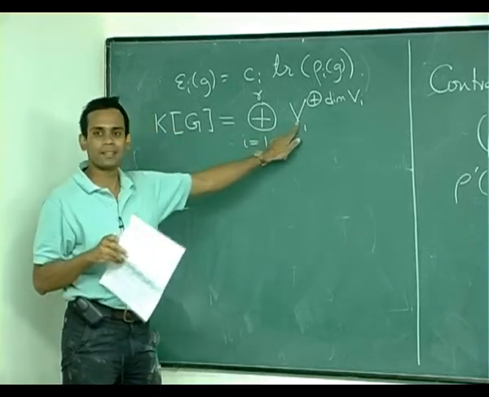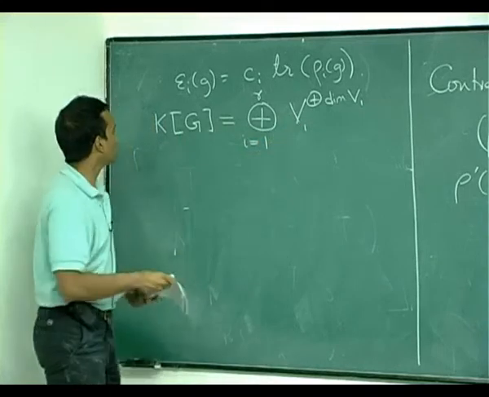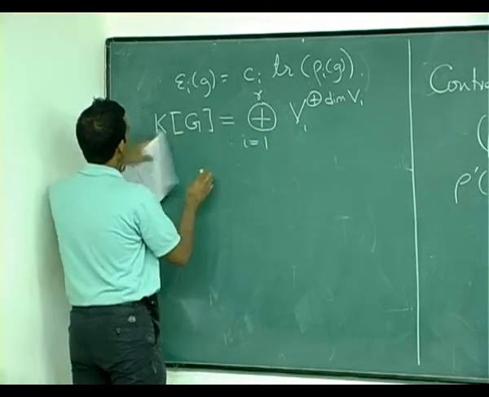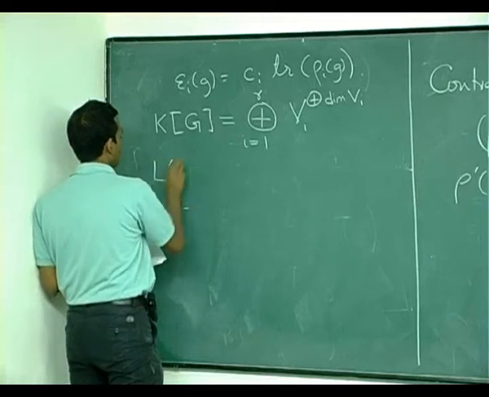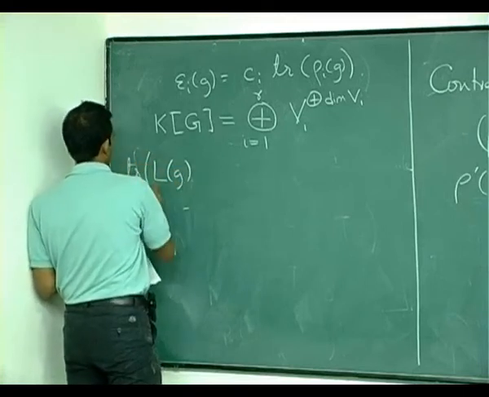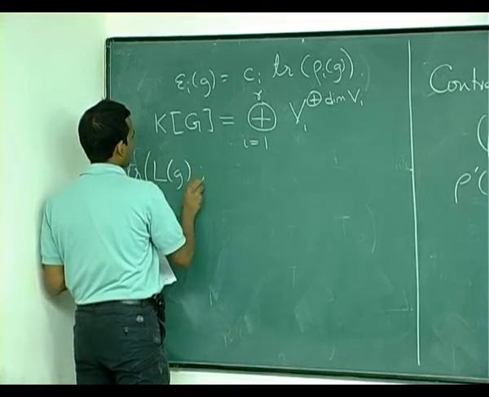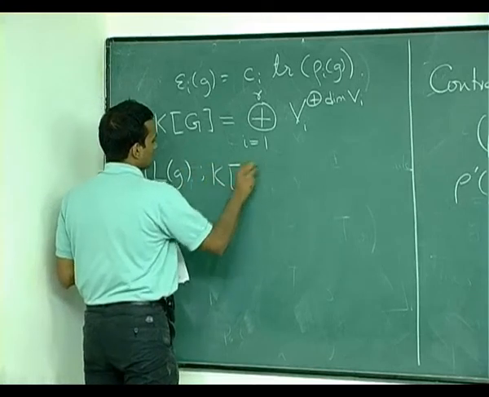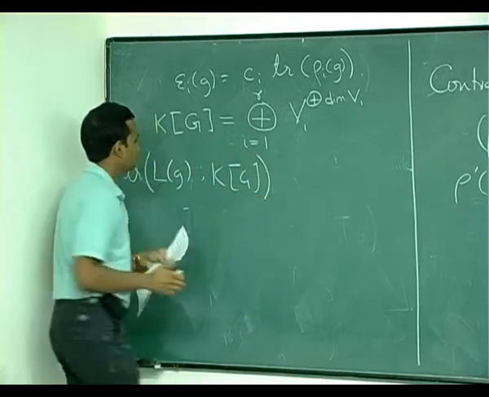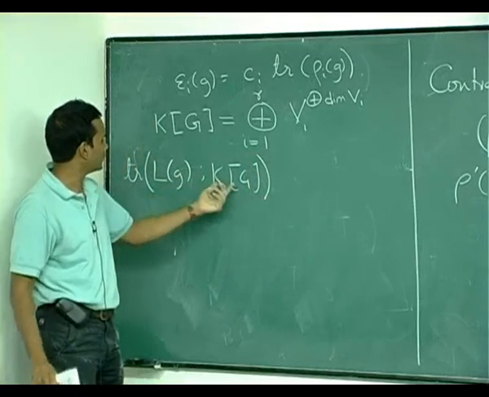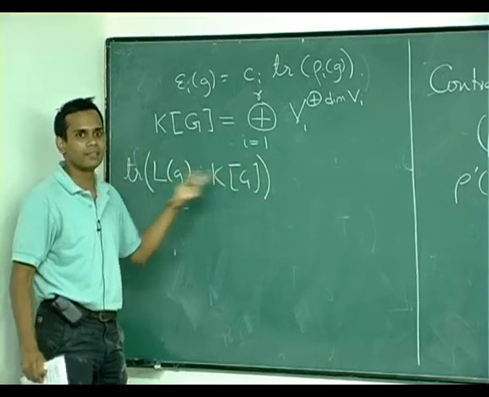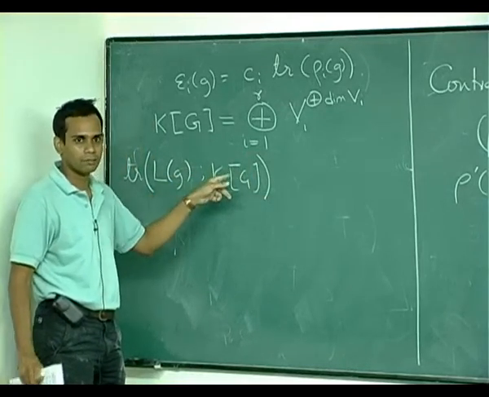So I can apply trace here and I can apply trace here. So what do I get? If you take L_g and look at its trace on KG, what is going on here? g will just take a function and translate it by g.